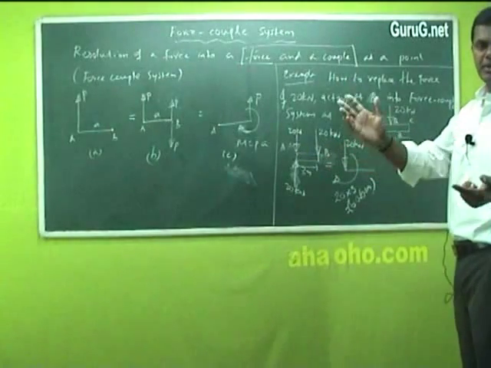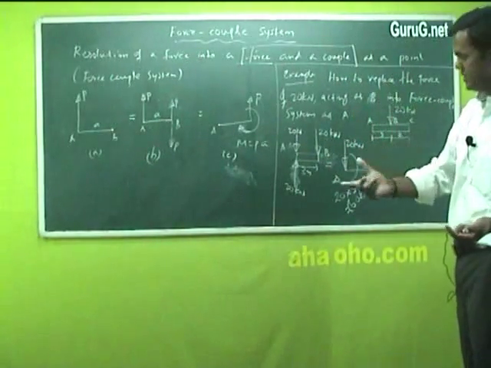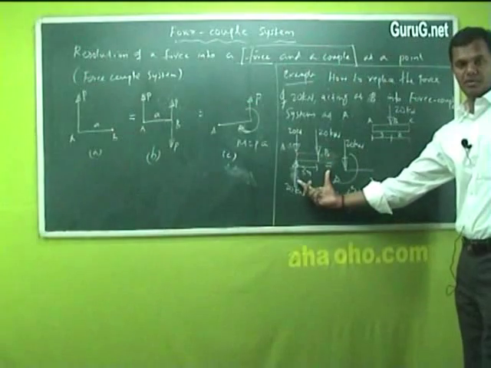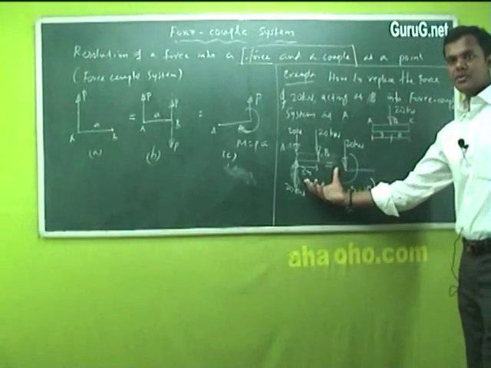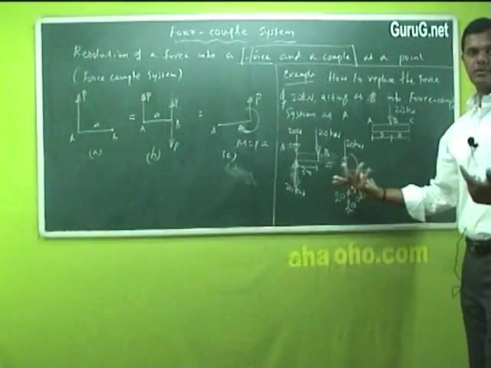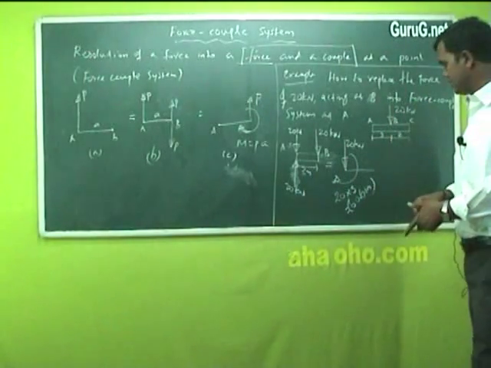If it is a clockwise couple, you can directly add it, because it is already multiplied with the length of the rod where it is acting. Anti-clockwise is negative. That's it.